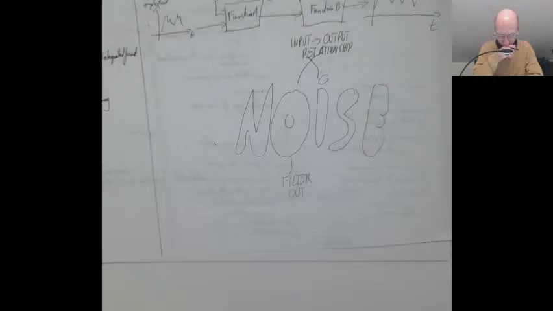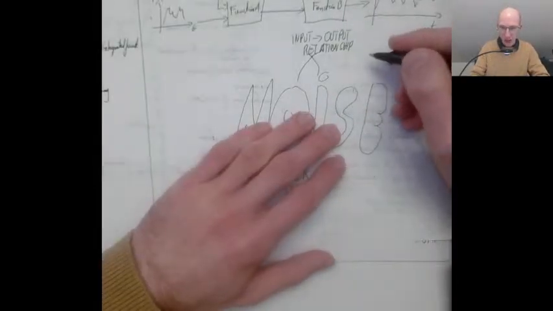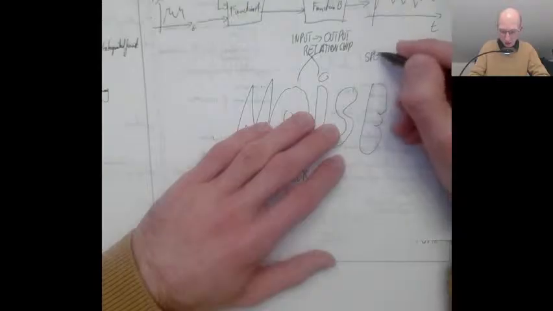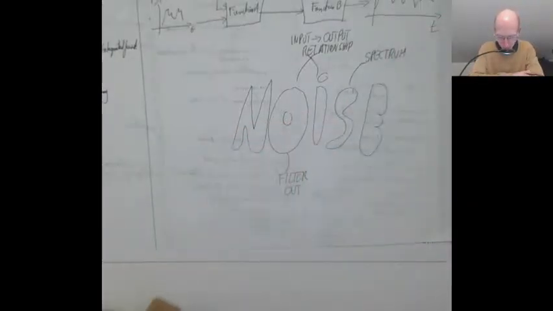How does that actually work? So you have something of a spectrum. You have a probability. You have a cluster. Good.